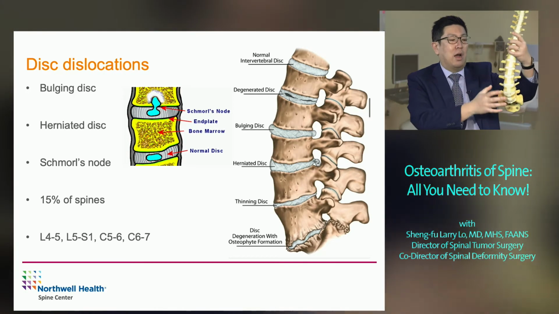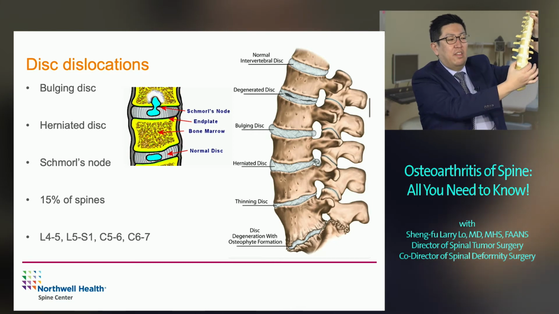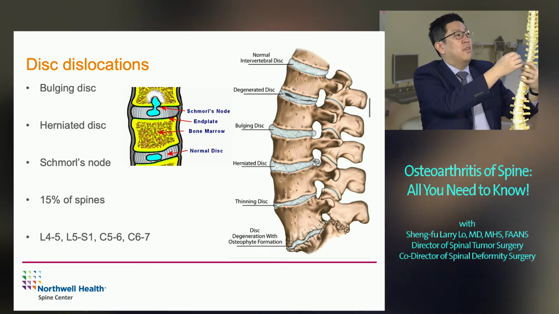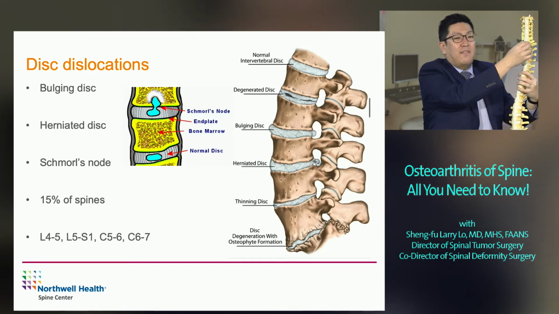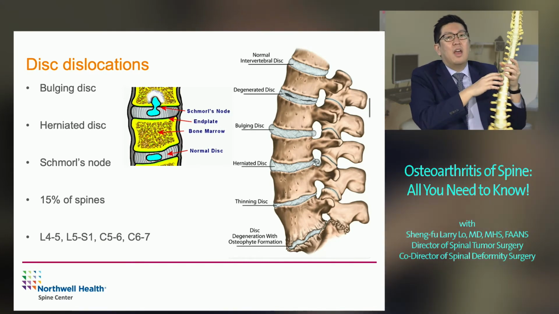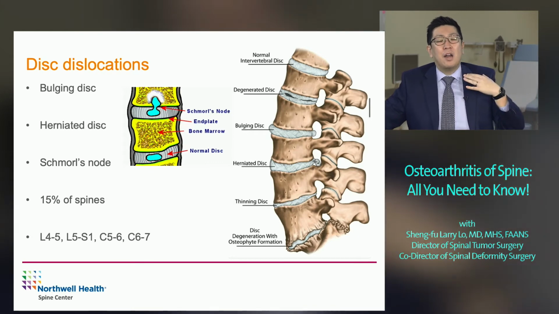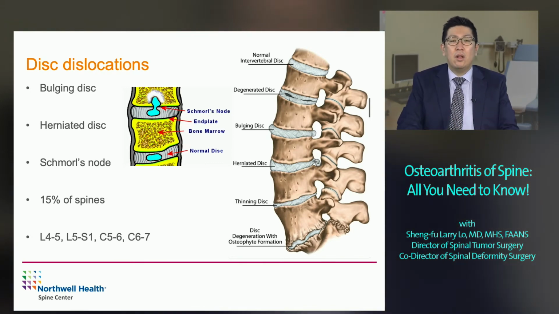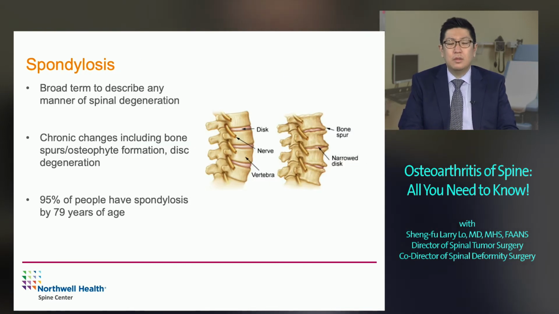On this model, it would be these two discs, the L4-5 disc and the L5-S1 disc, and on this model, the C5-6 and C6-7 discs. That's because they're at the very bottom of the weight bearing, so they're subject to the most mechanical stresses.